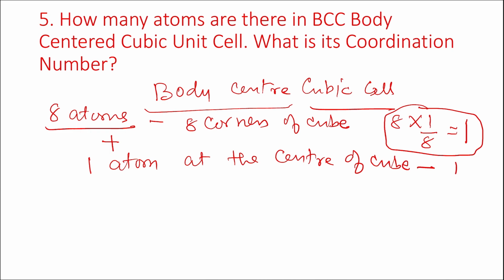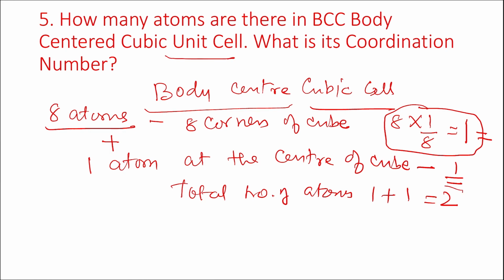So it is one atom, and its effective number is 1, plus the 1 from the 8 atoms present at the corners. So the total number of atoms will be 1 plus 1 is equal to 2. So the answer to how many atoms are there in a body centered cubic unit cell is 2.